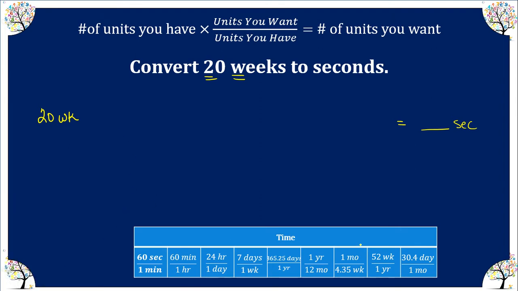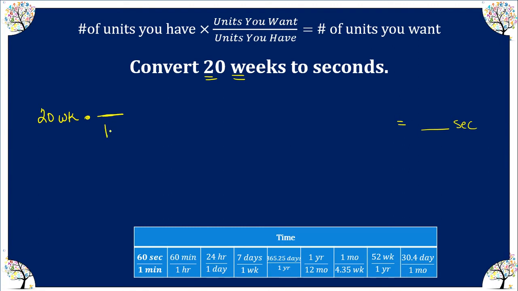And so I am going to start out with our conversion unit, our ratio that's going to equal the same thing. Because remember, you can multiply anything times 1. That's mathematically legal. So 20 weeks. So I want to go from weeks to seconds. So I want to get rid of weeks. So I'm going to put my weeks down here.